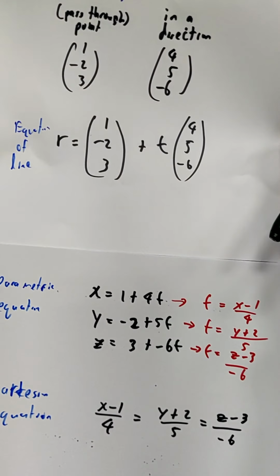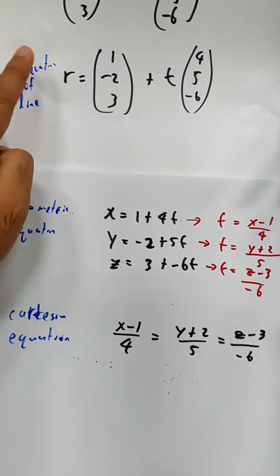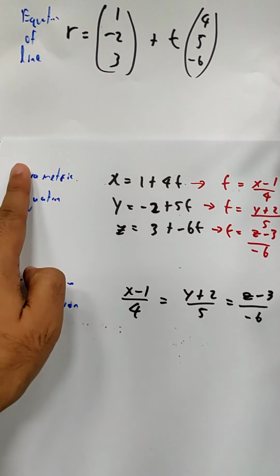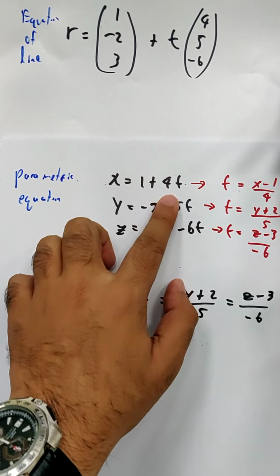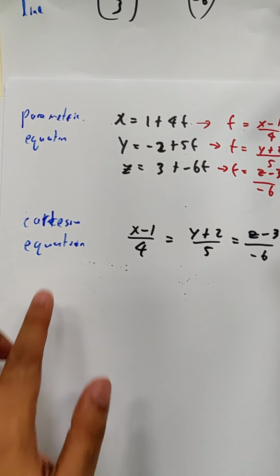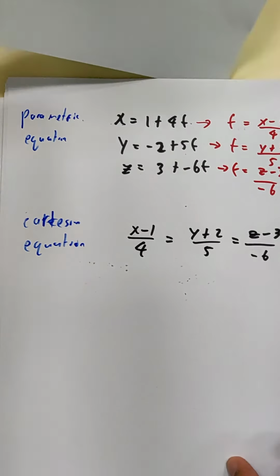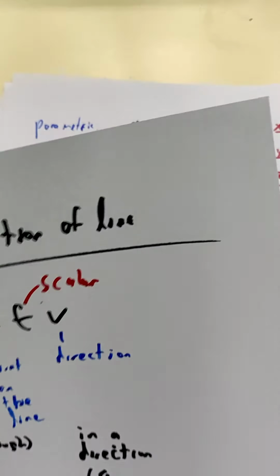Let me remind you again. Either you can write down your answers in the equation of line, and then you can change it into the parametric equation, which is the black one, and of course, the final one, the Cartesian equation. Alright, exams are not like that, it's quite sadistic. It's not going to be that simple. Sometimes you were given something in this way instead.